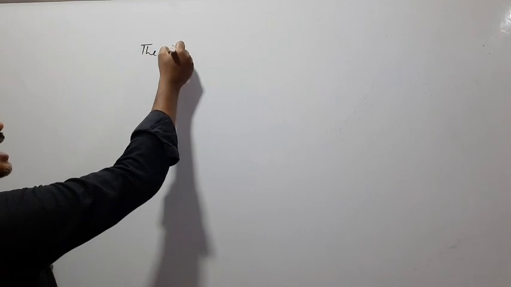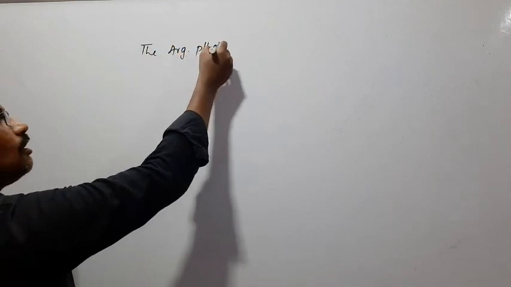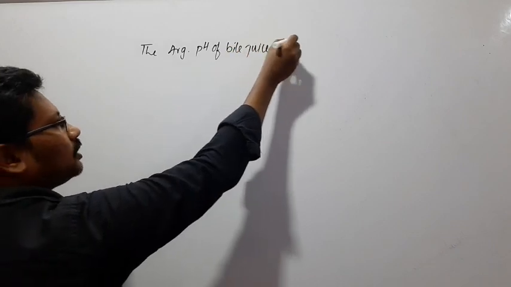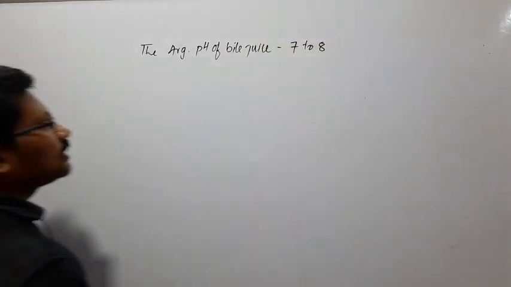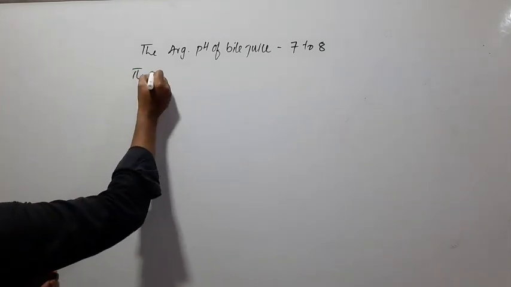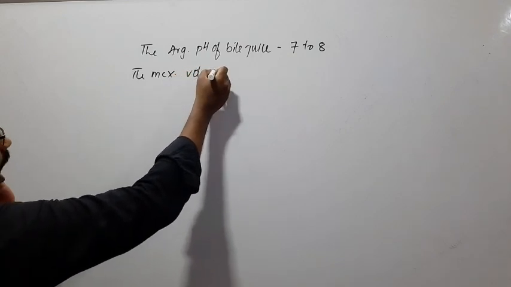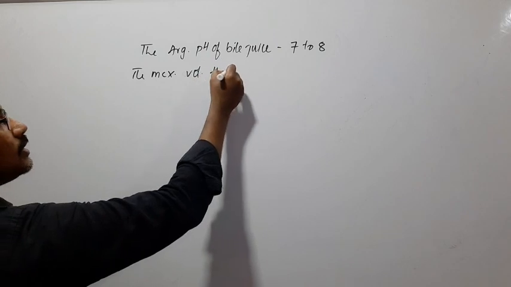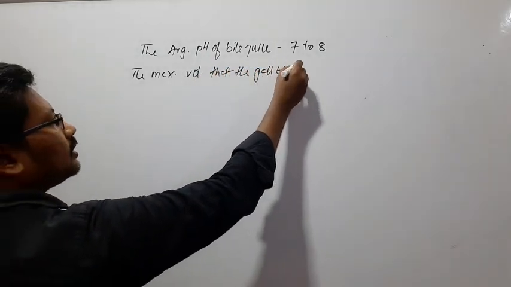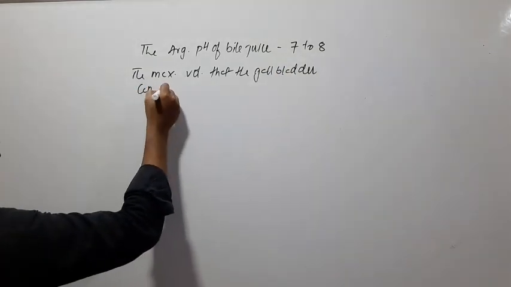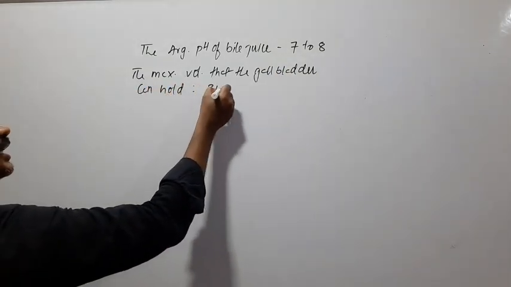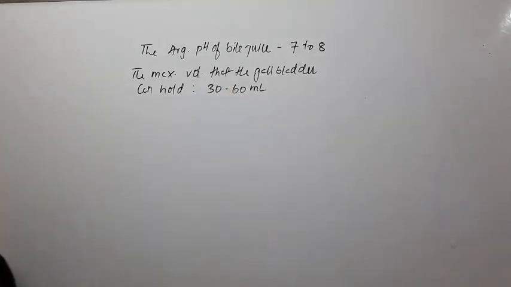Before I get into the topic, a few more points on the liver I would like to tell you. The average pH of bile juice, you can take it as 7 to 8, and the maximum volume that the gallbladder can hold is about 30 to 60 ml.